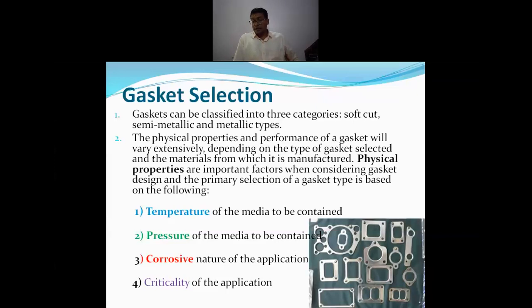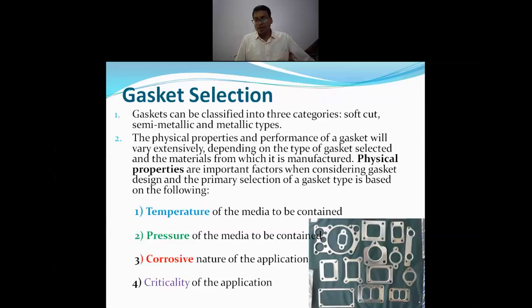Then your gasketing material, say for example paper, can be used at very low temperature, very low pressure. Paper, asbestos, cloth, cork, these are used at a lower temperature and lower pressure.